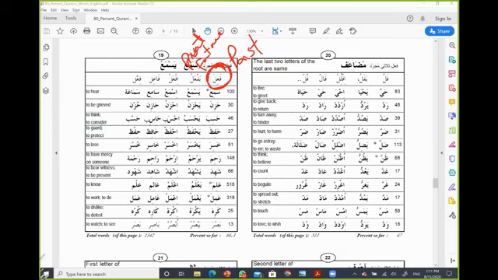So let's use a different color so you could see that emphasis on it. So we're going to make it yellow. Okay, so we're adding a ya onto it, and we're putting a sukoon on the top, and we're making this kasra become the fatha, and then it becomes yaf'alu.